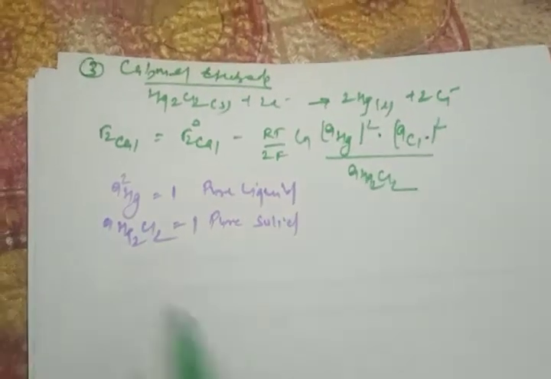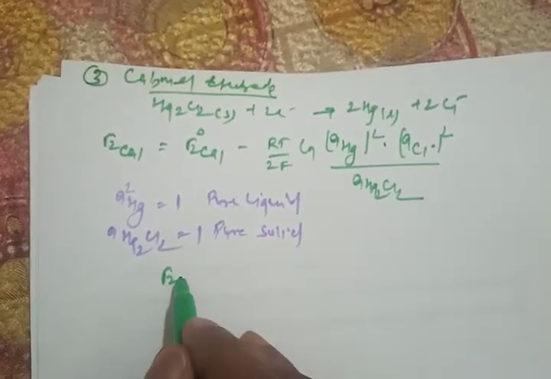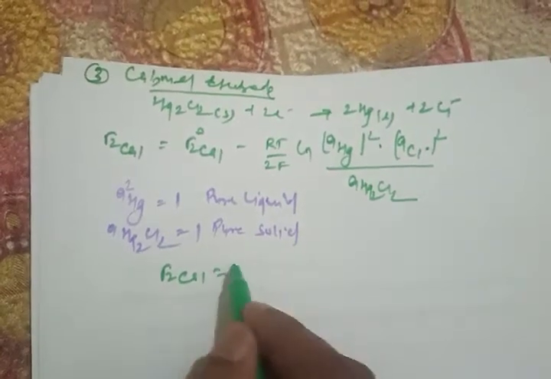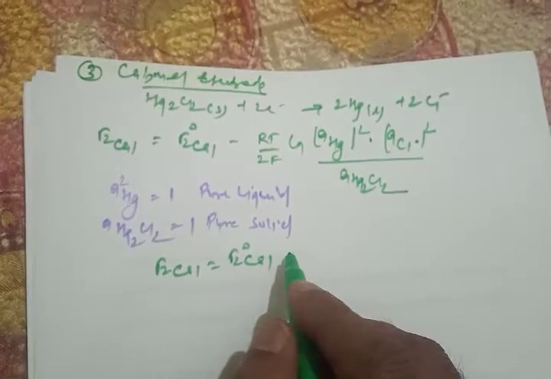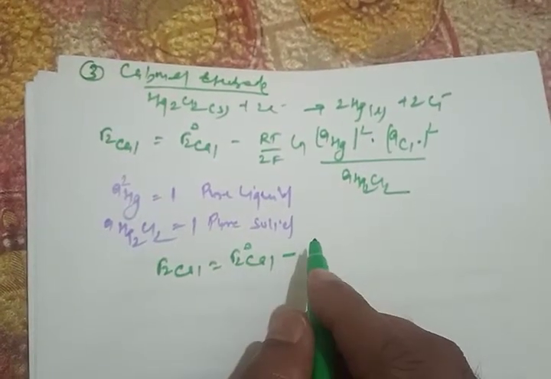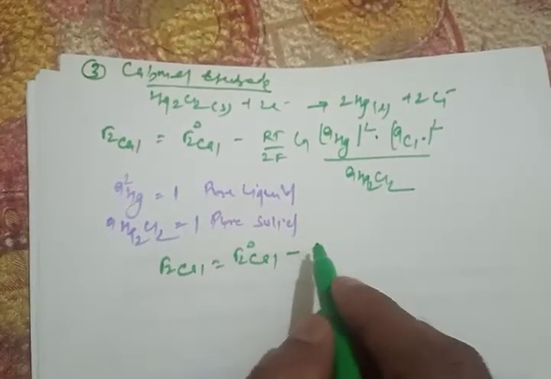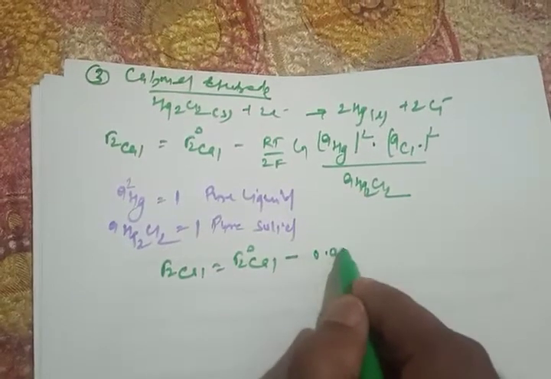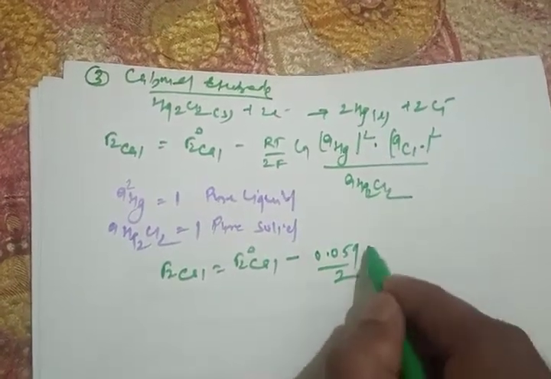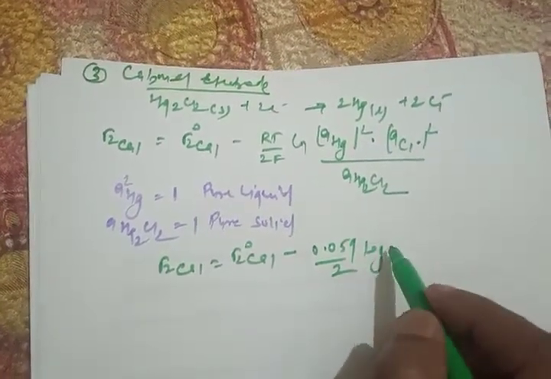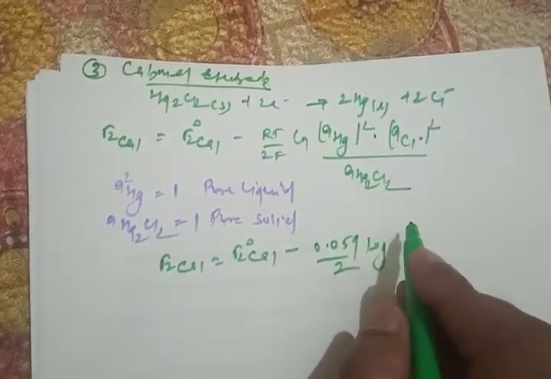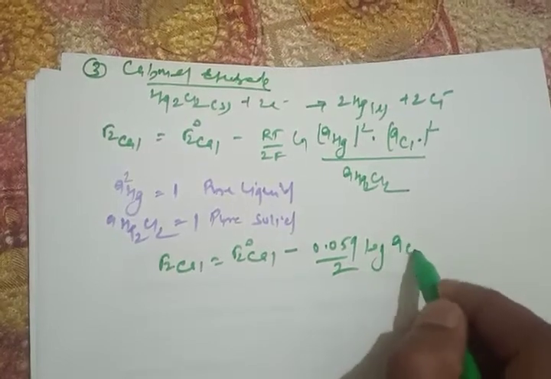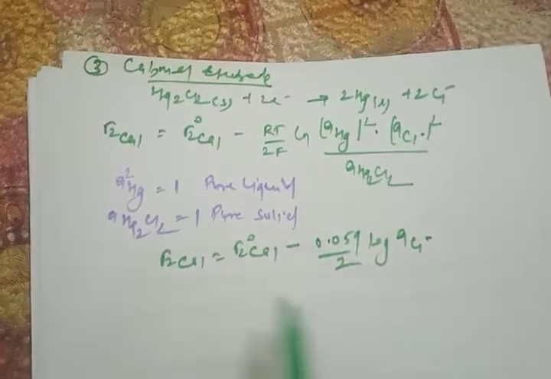So what is the cell reaction again? So E Cal equals E naught Cal, and here I am writing the values. So 0.059 upon 2 log. This you should remember. This is unity. This is unity. So here we have only activity of chloride ions. So this is the change.